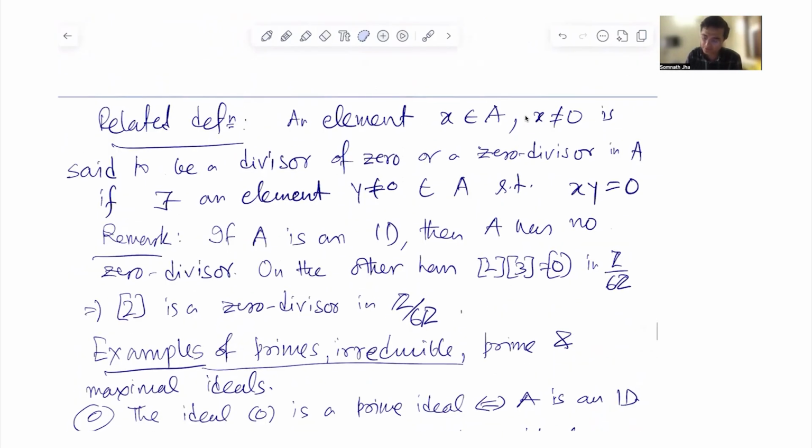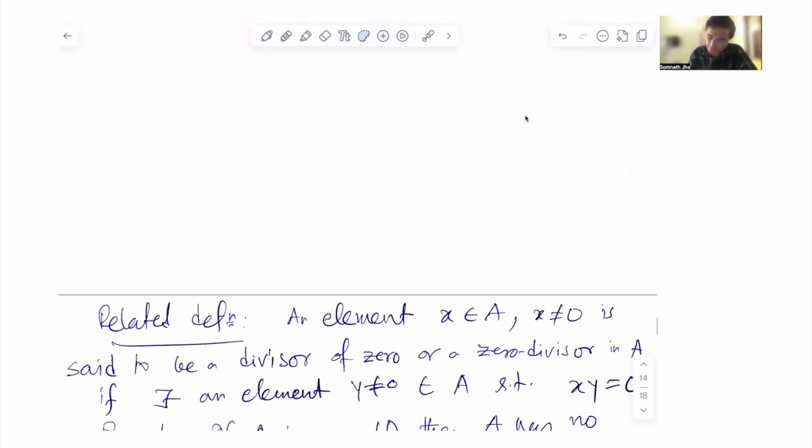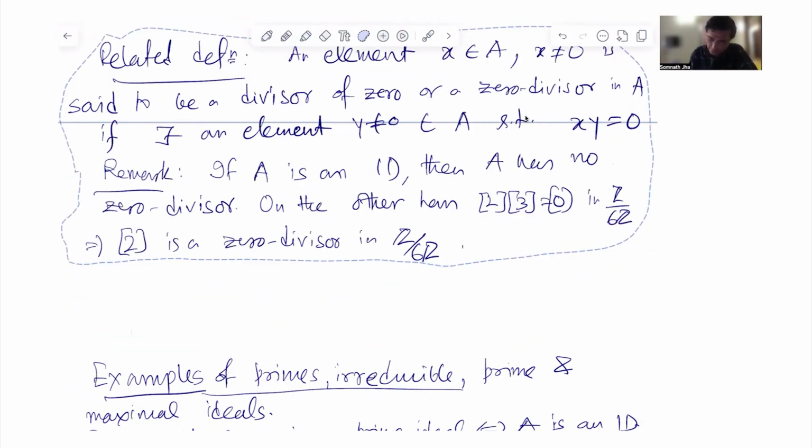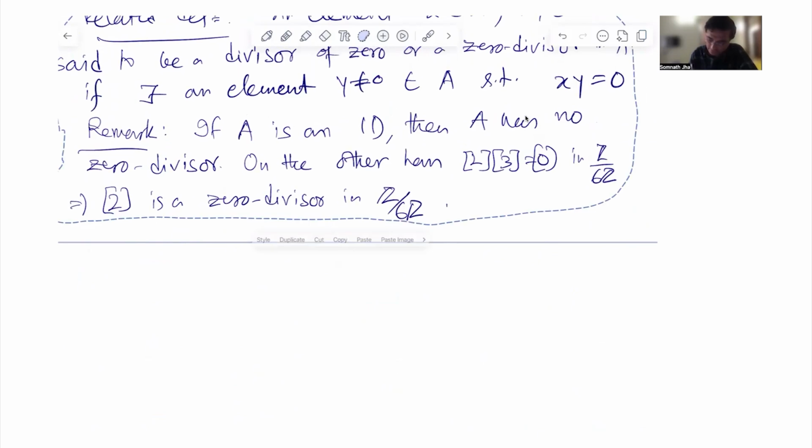One more related definition, the final definition in this bunch: the definition of a zero divisor.